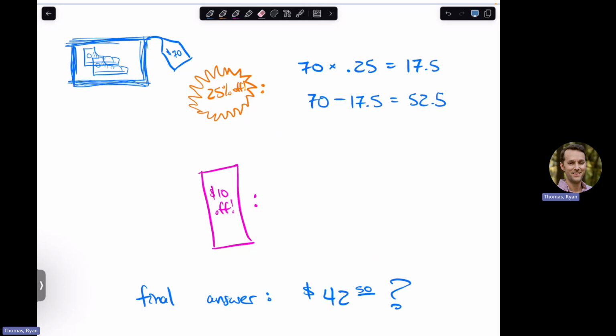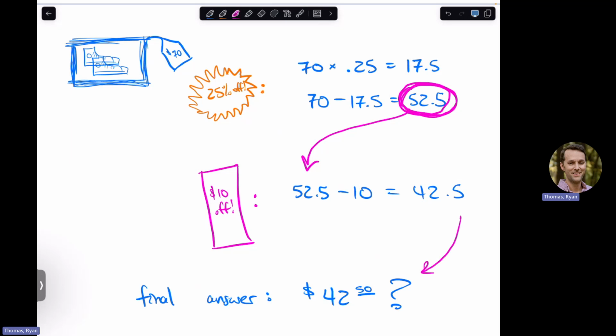Then the additional $10 off, what do we do? And that part's important, that we don't start back over at 70, right? We take this and subtract 10 and get our 42.5, and there's your answer, right?